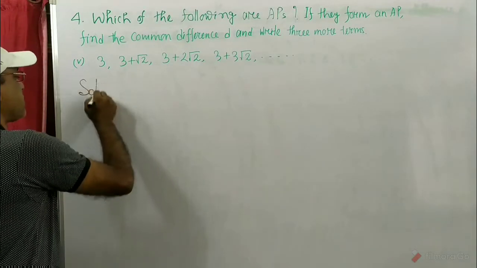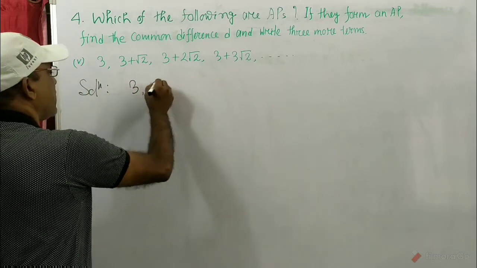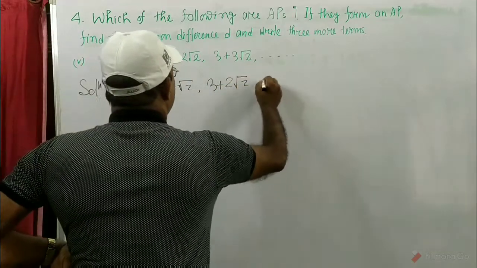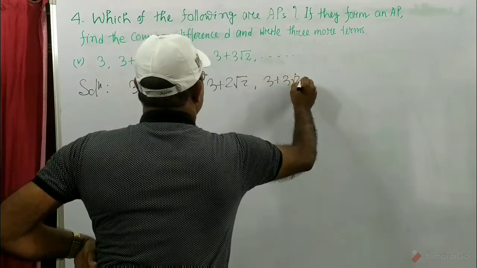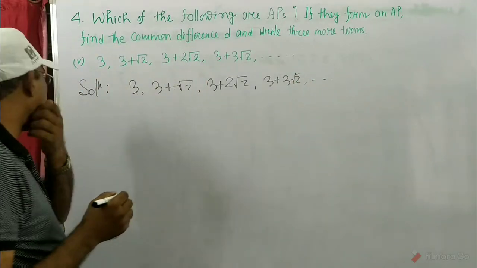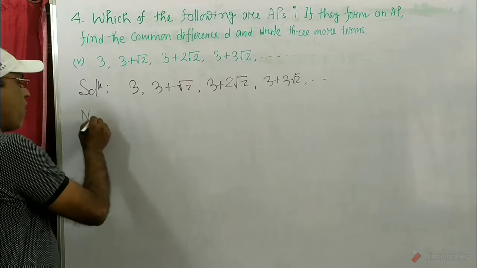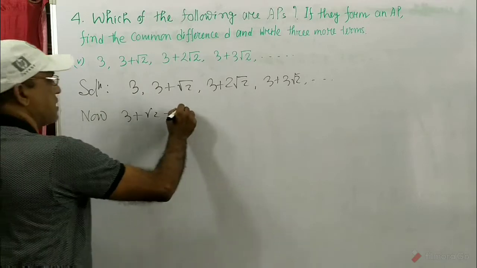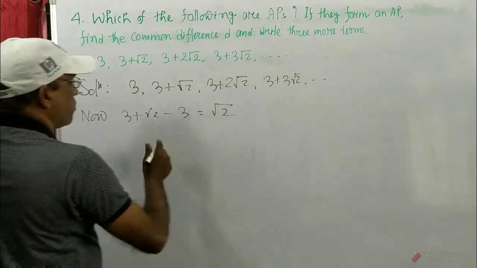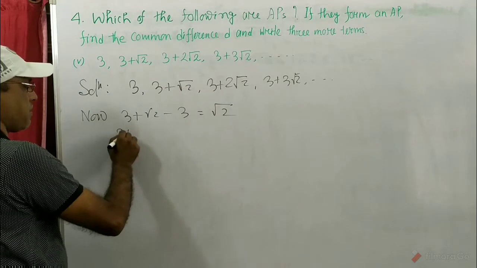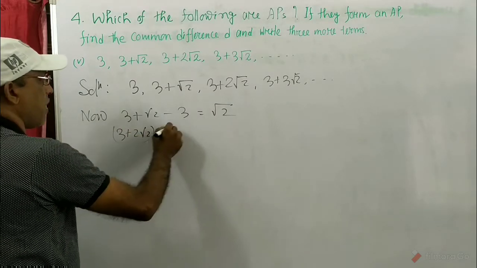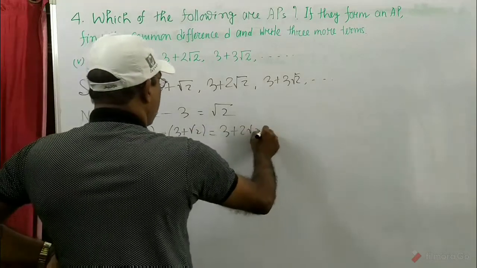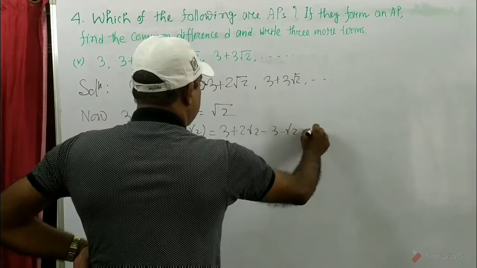Rewriting here: 3 plus root 2, 3 plus 2 root 2, 3 plus 3 root 2, and so on. Now to check whether they form an AP, we find their differences. 3 plus 2 root 2 minus (3 plus root 2) is 3 plus 2 root 2 minus 3 minus root 2, which is root 2.